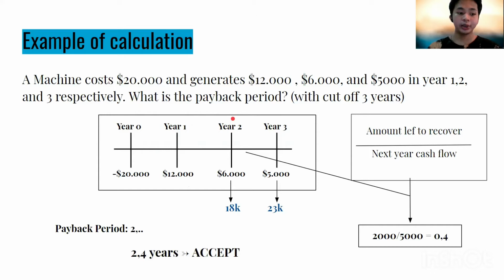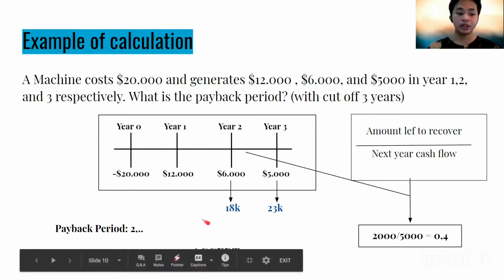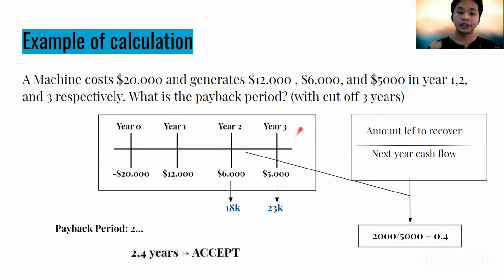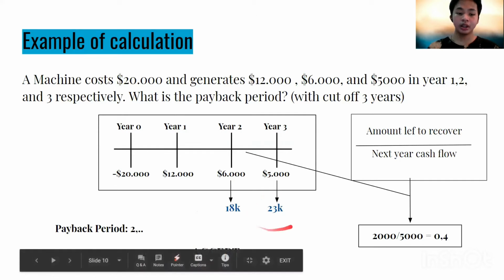So in year one, we make $12,000, and in year two, we have made $6,000. So cumulatively, we have made $18,000. Up until year two, we have made $18,000. And in year three, we have made $5,000, and cumulatively speaking, we have made $23,000.